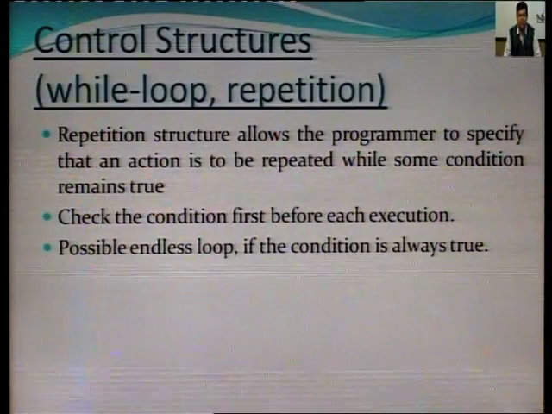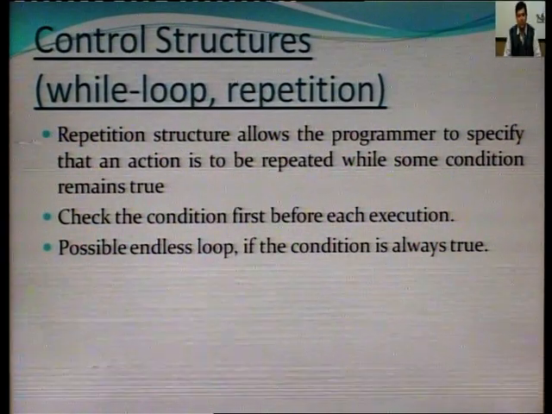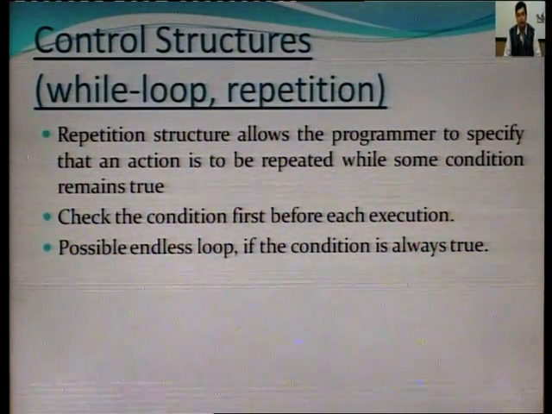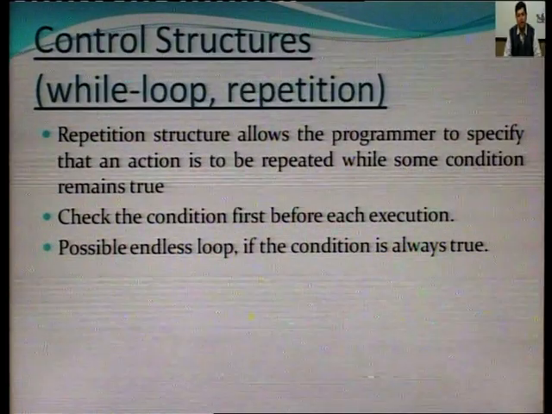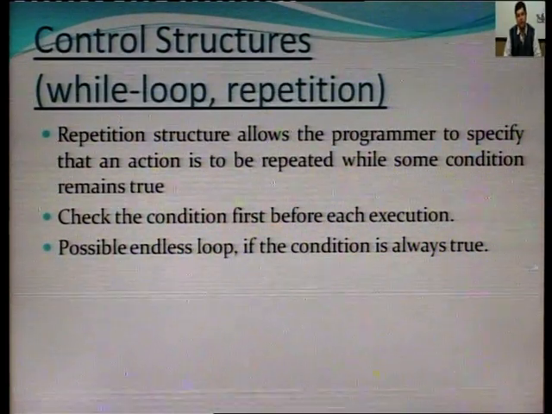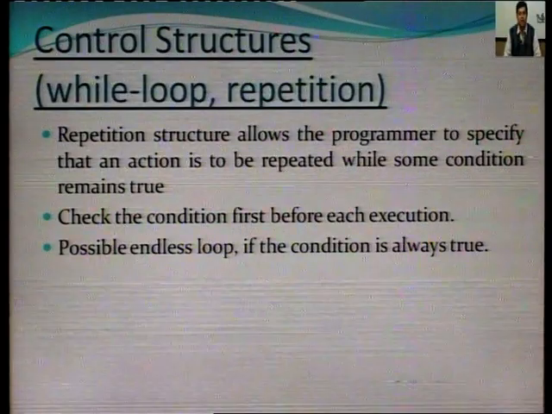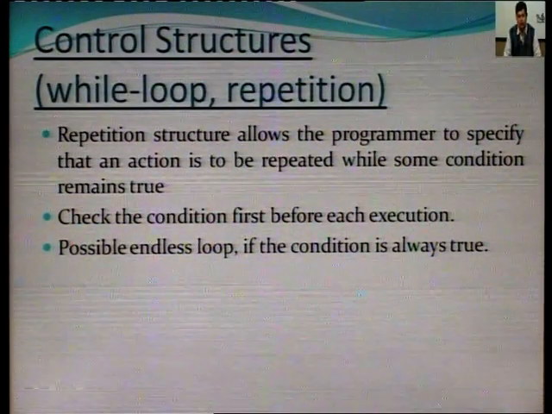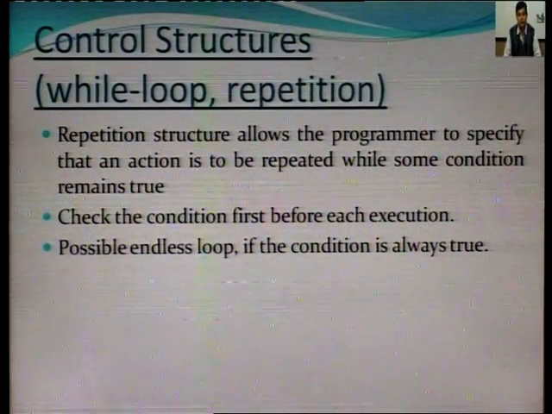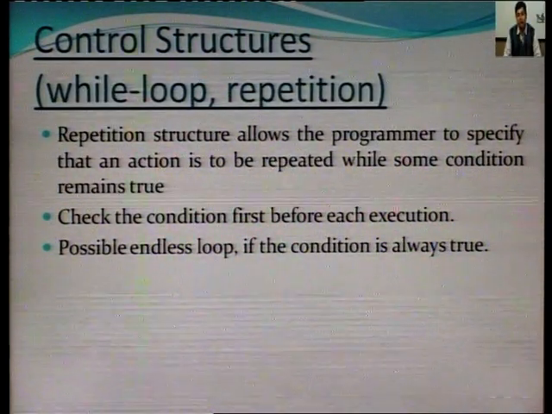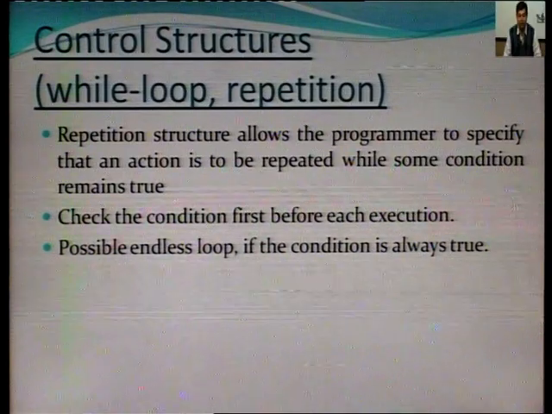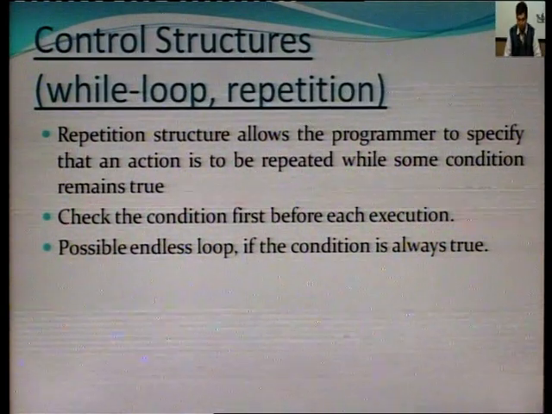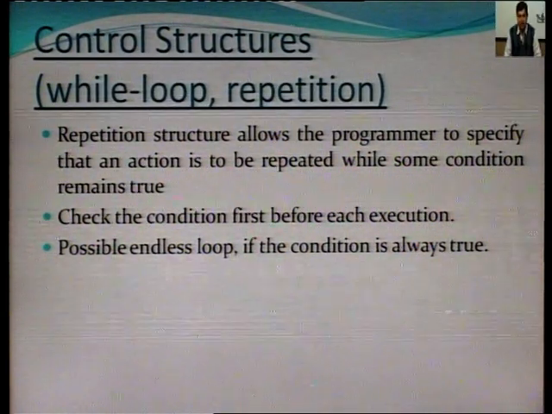In a while loop we check the condition first, before execution, whereas in do while we do vice versa: we execute the instructions and then check the condition. There is a possible endless loop if the condition is always true. If the condition remains always true in the while statement, the loop will never end, and the program will always be in a loop. That will be the endless loop.